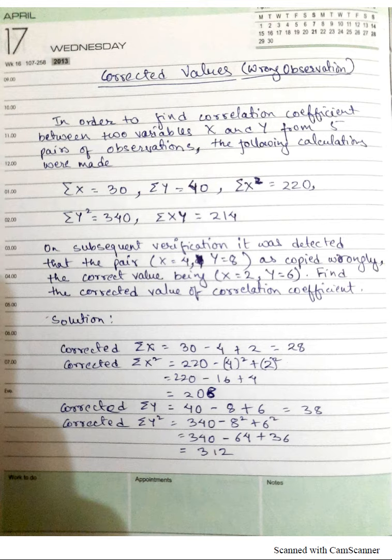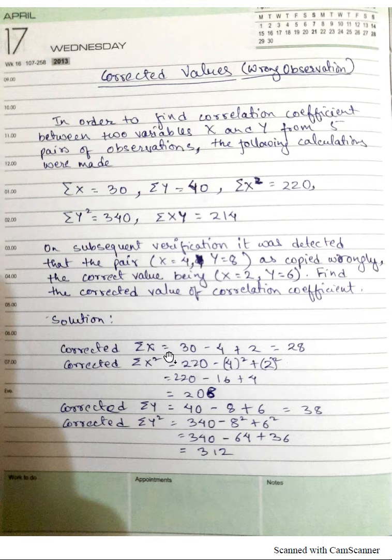I will repeat it again. When all the values of x were added to calculate summation x, one wrong value was taken, that is x is equal to 4. We will subtract this x is equal to 4 from the calculation of summation x and then add the correct value, that should be x is equal to 2 instead of 4.